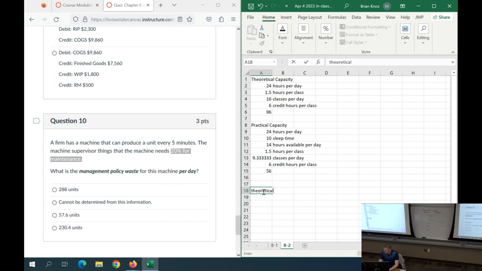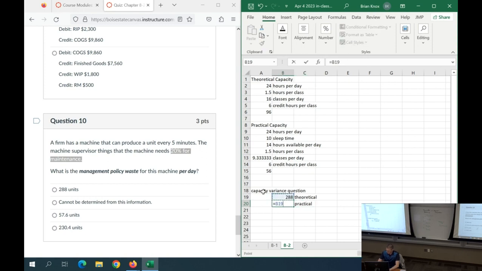So theoretical capacity, capacity variance question. Theoretical capacity is a unit every 5 minutes. So that's 12 units per hour times 24 hours, 288.